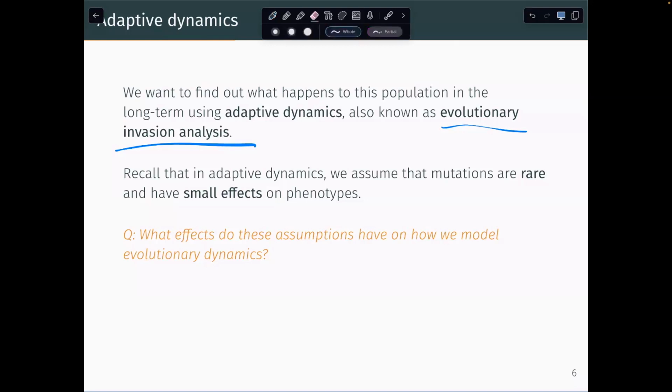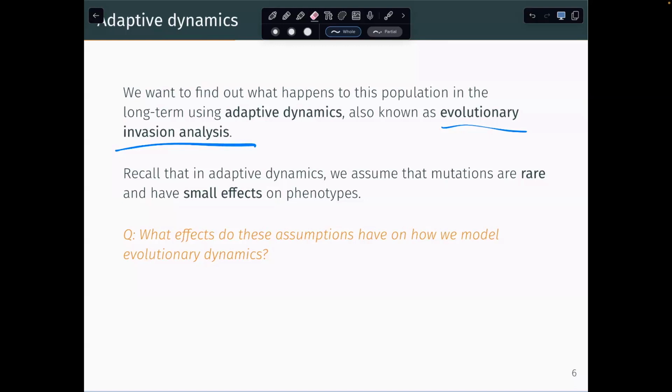Okay, let's think of the converse. What happens if mutations are very, very common? Would you expect there to be many, many phenotypes in the population or very few? Who thinks there'll be many? Who thinks there'll be few? There'll be many. If there's lots and lots of mutations, you'd expect there to be lots and lots of variation, okay? So if mutations are rare, that means there's not going to be much variation.